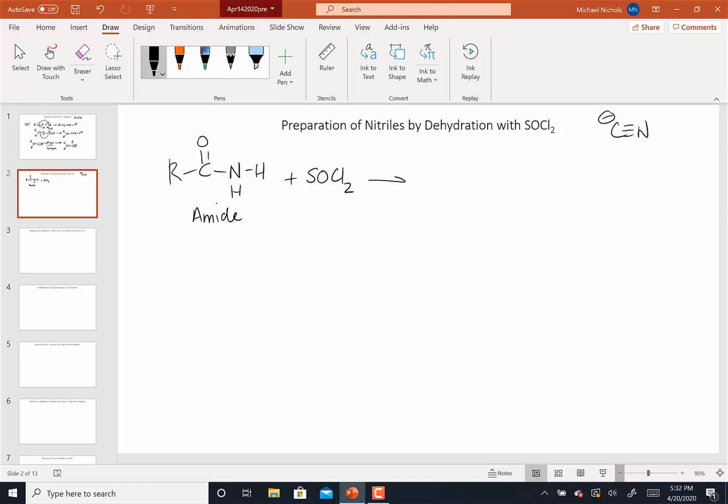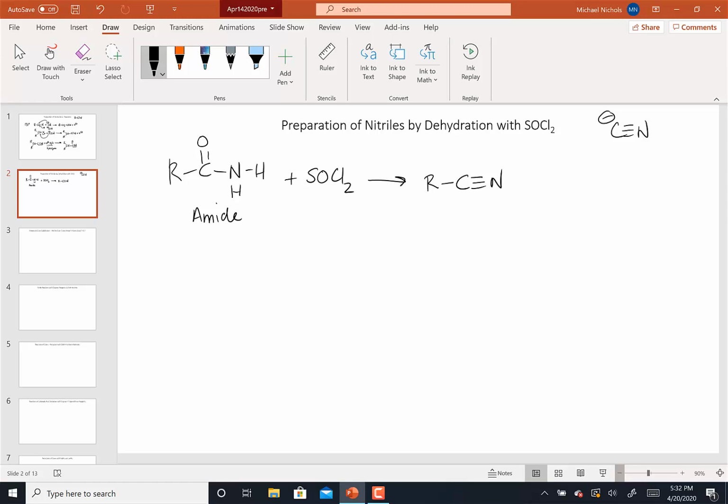So what will happen is that we will convert the amide into a C triple bond N.